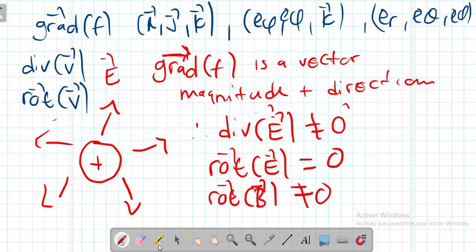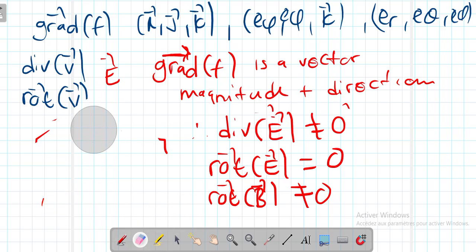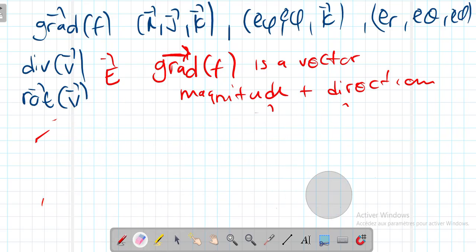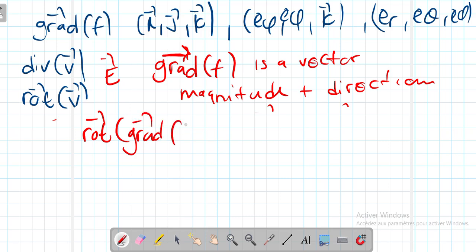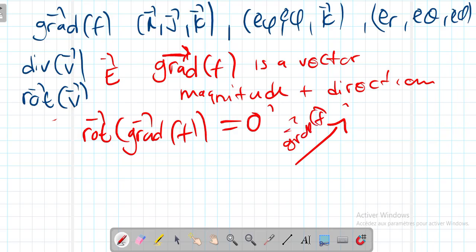We also learned that the rotation of a gradient, the curl of the gradient of anything, is 0. Why? Because the gradient of anything is just, for example, a slope. So the gradient of f is a vector.